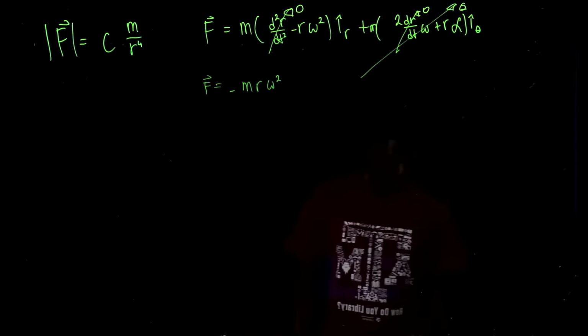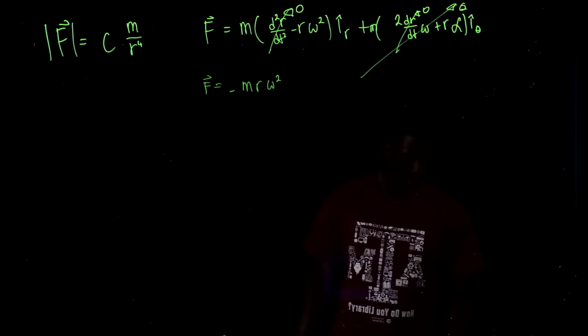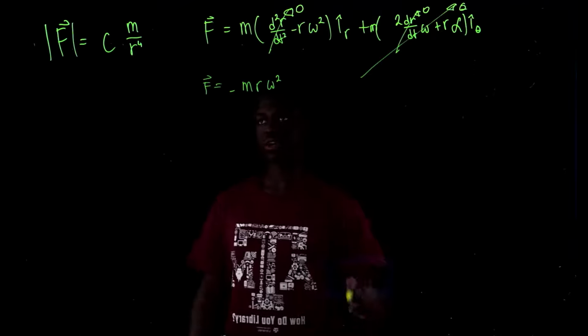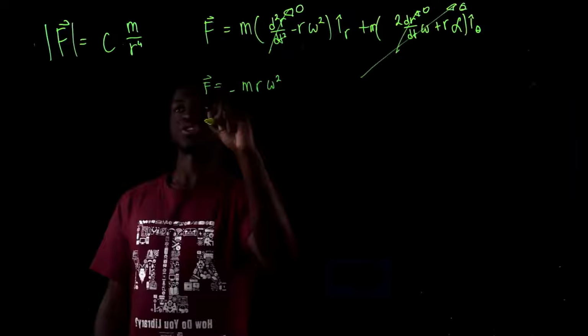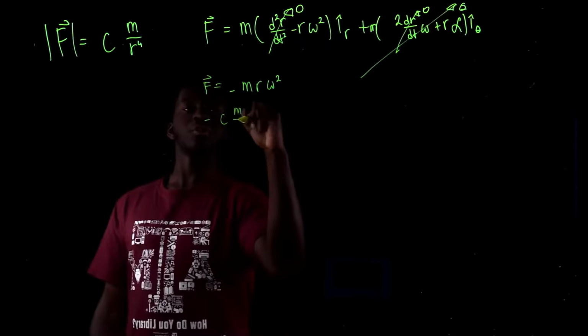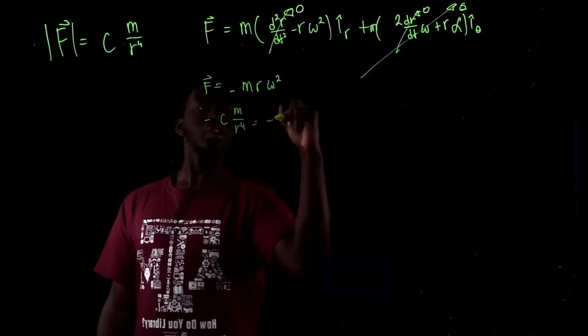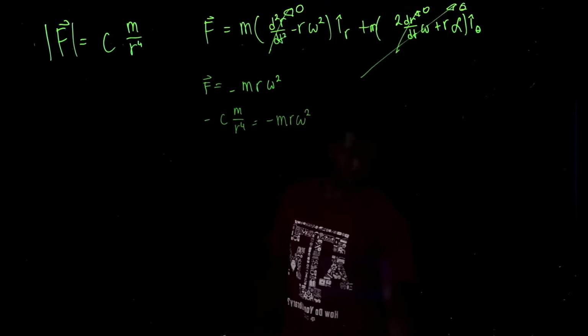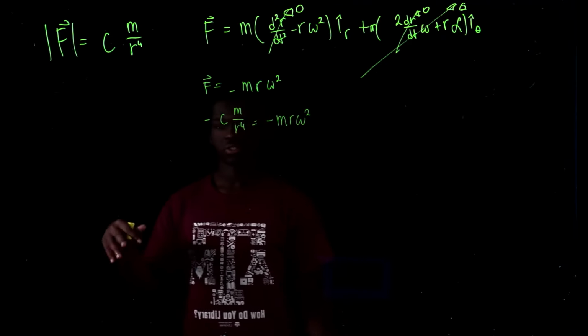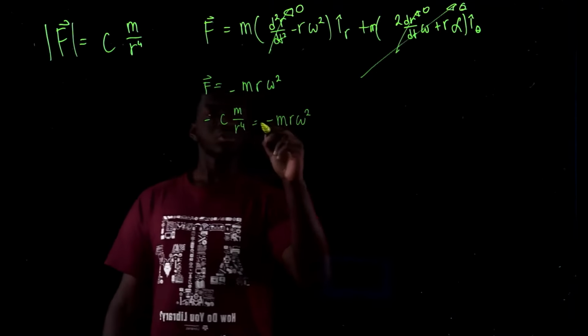We're given the force, so we can automatically just solve for it. This is going to be negative because it says it's attractive. So we can set negative c m over r^4 equal to negative m r omega squared. And we can just solve for omega squared because we're going to need it for kinetic energy.